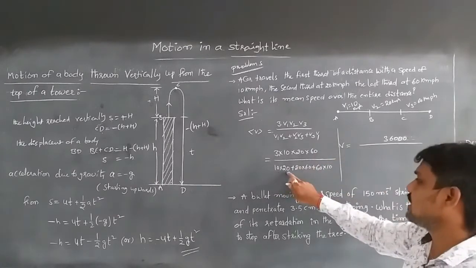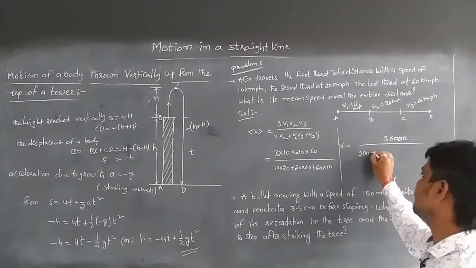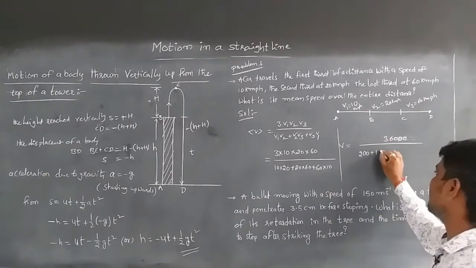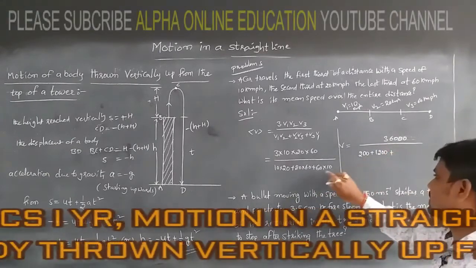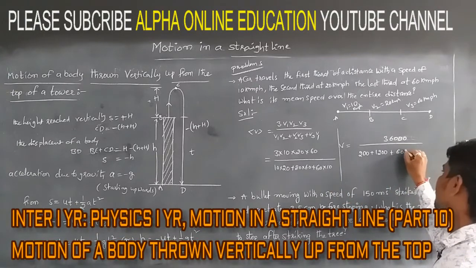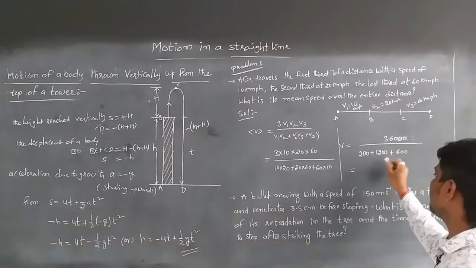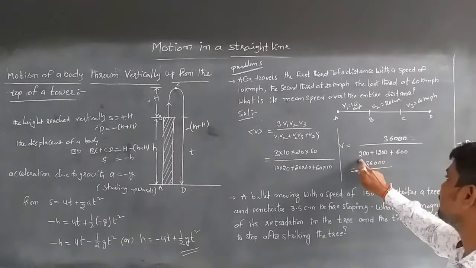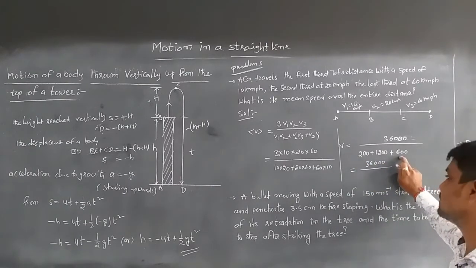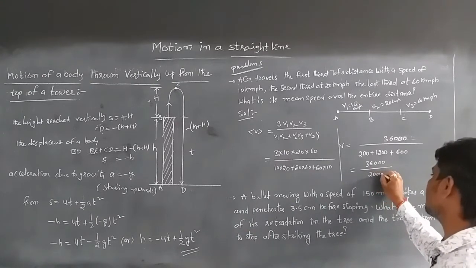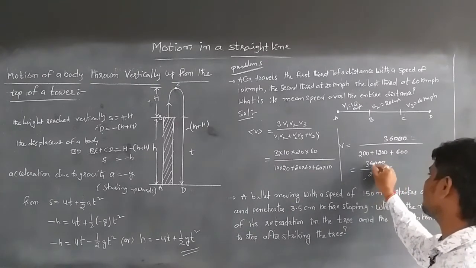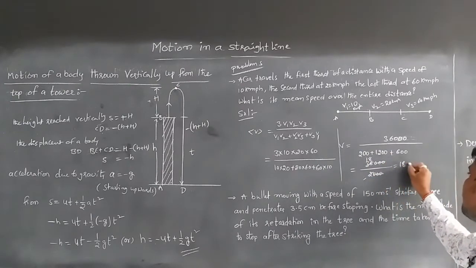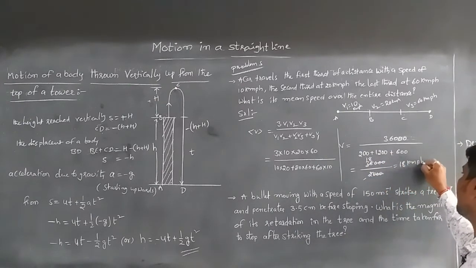Then in the denominator, 10 into 20 is 200, plus 20 into 60 is 1200, plus 60 into 10 is 600. So 1200 plus 200 is 1400, 1400 plus 600 is 2000. So 36,000 by 2000. 2 18s are 36, so 18 kilometer per hour is the average speed.